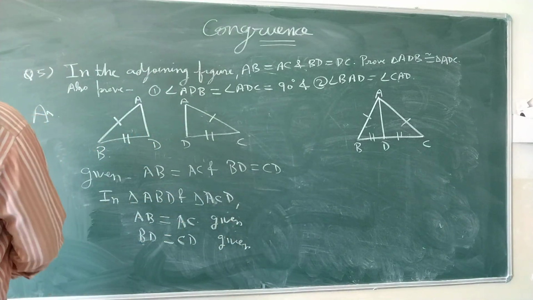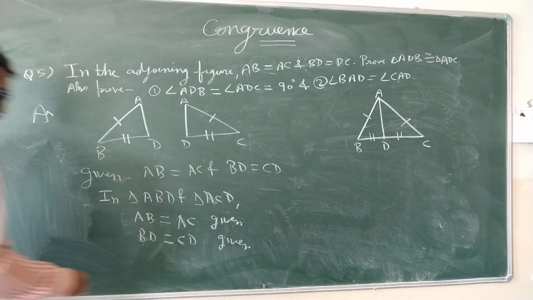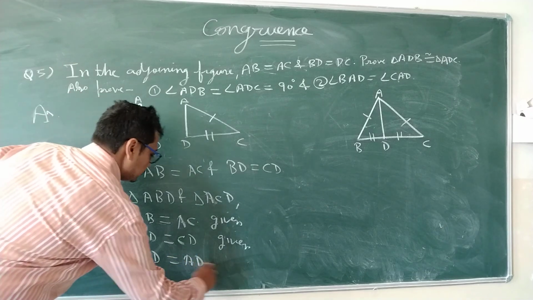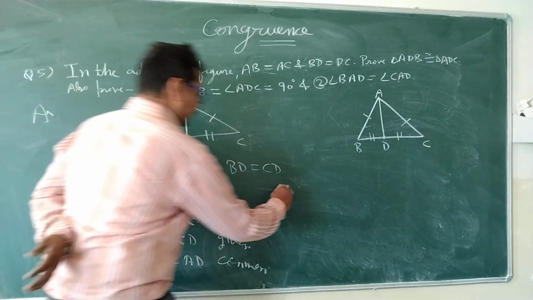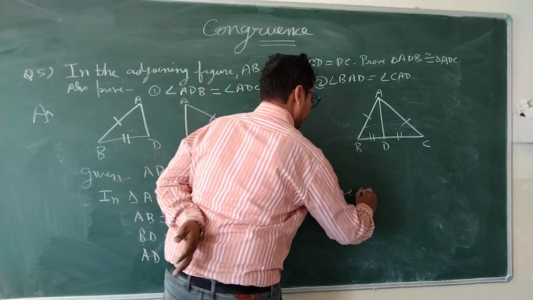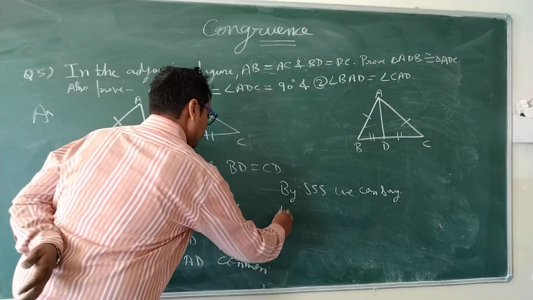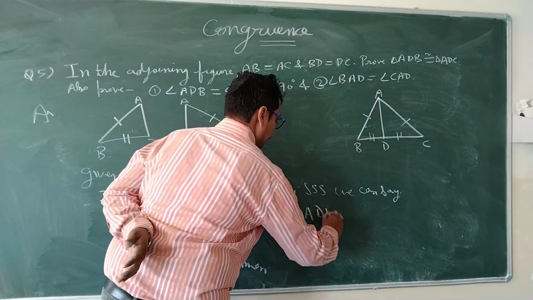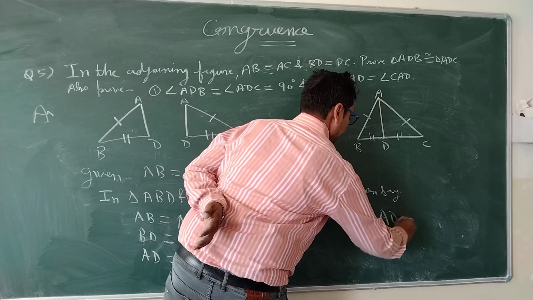And AD is equal to AD, this is common. So by SSS we can say triangle ADB is congruent to triangle ADC.